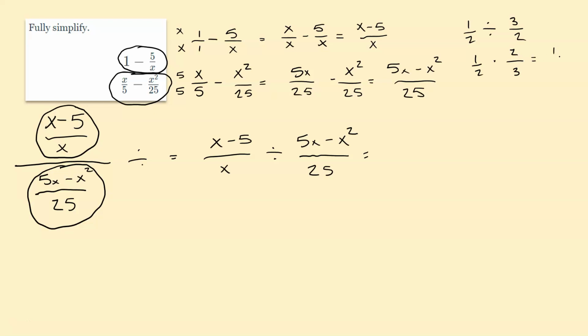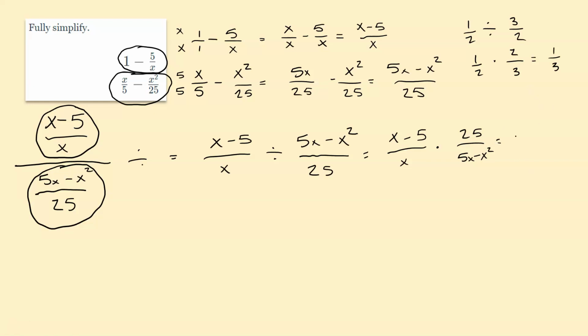So then this would become 1/3. So we're going to change this into multiplication. And then we need to take the reciprocal here. So 25 would now be the numerator and 5x minus x squared in the denominator.